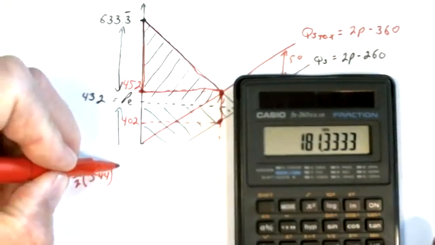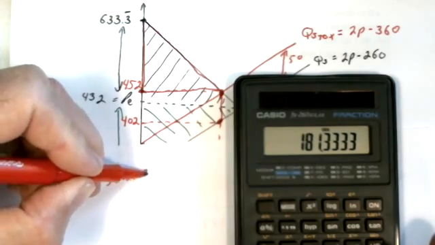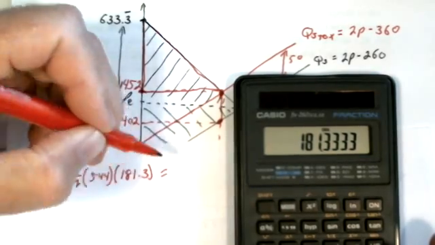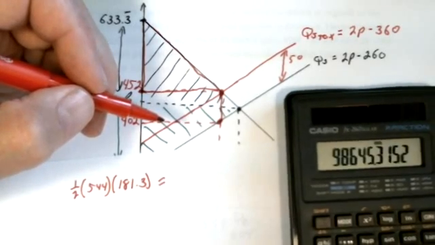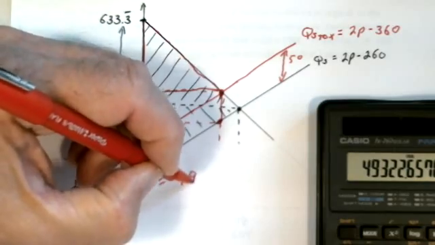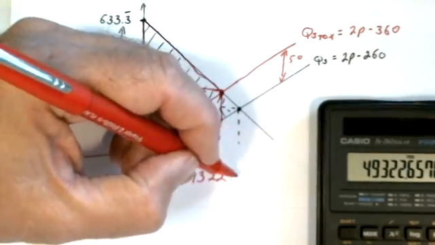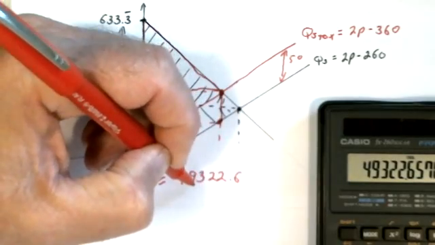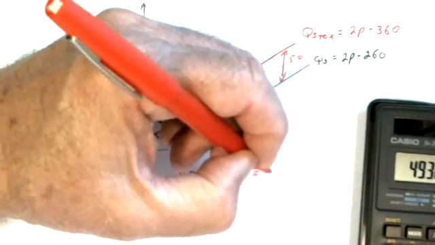So the new height is 181 1/3, and that works out to be 49,322.6. Now that's consumer surplus.